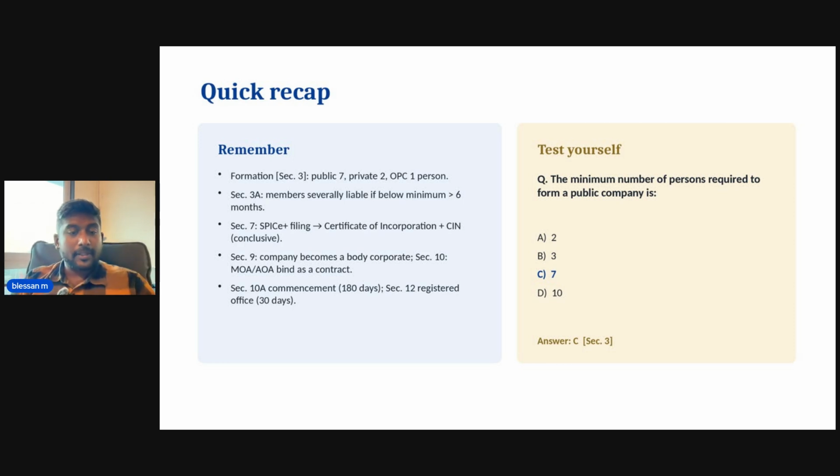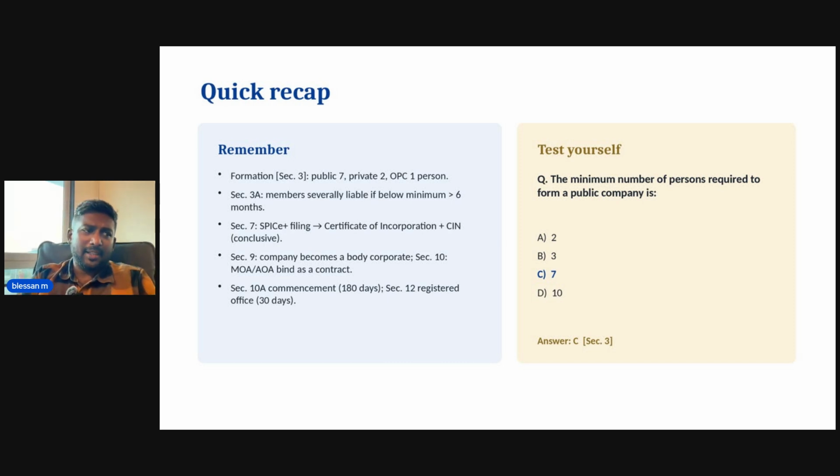So how does the incorporation start? You have to file with the ROC the required documents like MOA, AOA, declarations, directors' details, and the subscriber details, along with the certificate of incorporation and CIN.